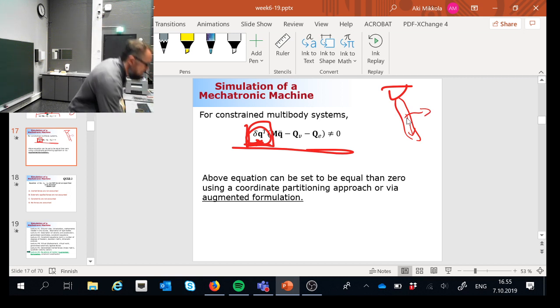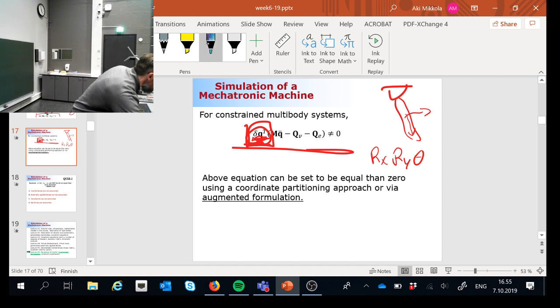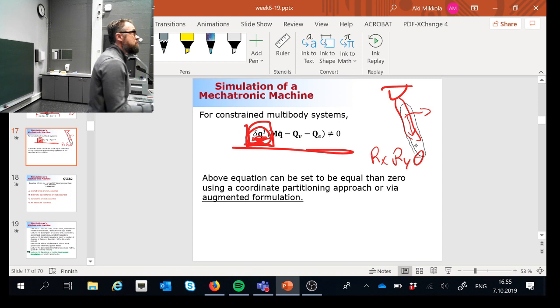And this system has generalized coordinates that are Rx, Ry, and angle theta. Now, the way my virtual displacement is introduced here is that I'm introducing it to all these generalized coordinates. Let's give it first to Rx. It means that the body will move, just a little bit, to this configuration.